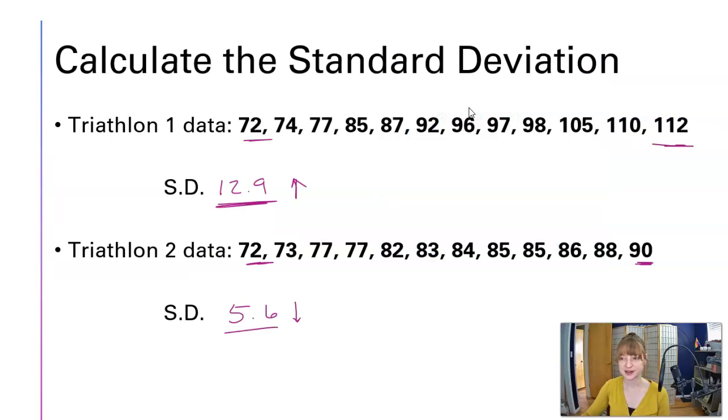So if we go back and look at these, say these are times for the triathlon, this one looks like it had much higher times. So these ones were all kind of clumped together, and this one had more people finishing in longer time.